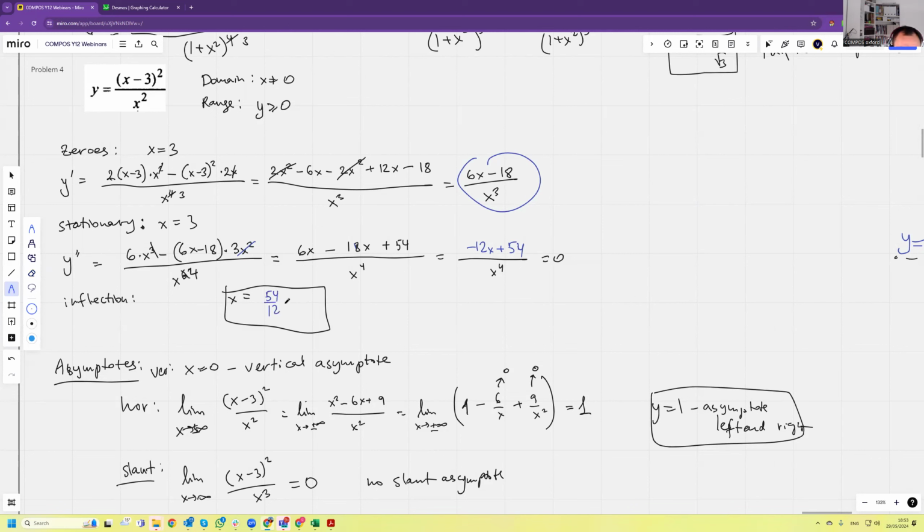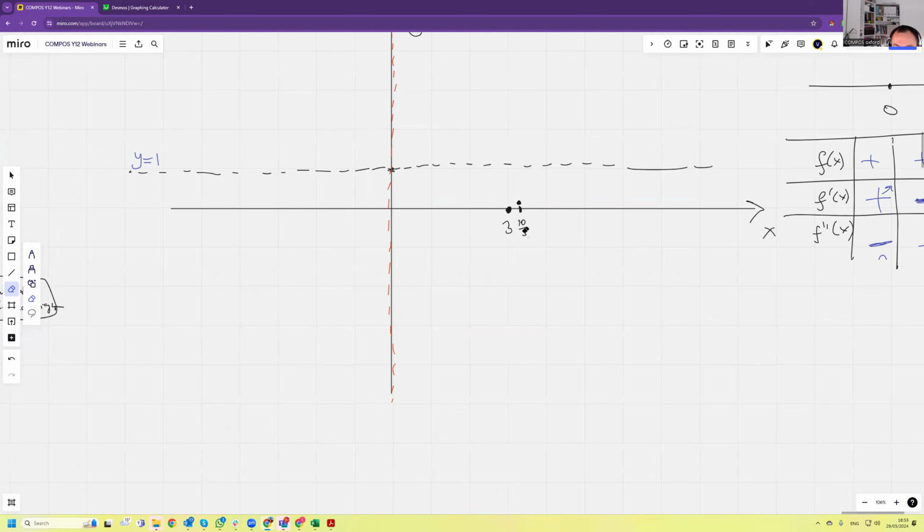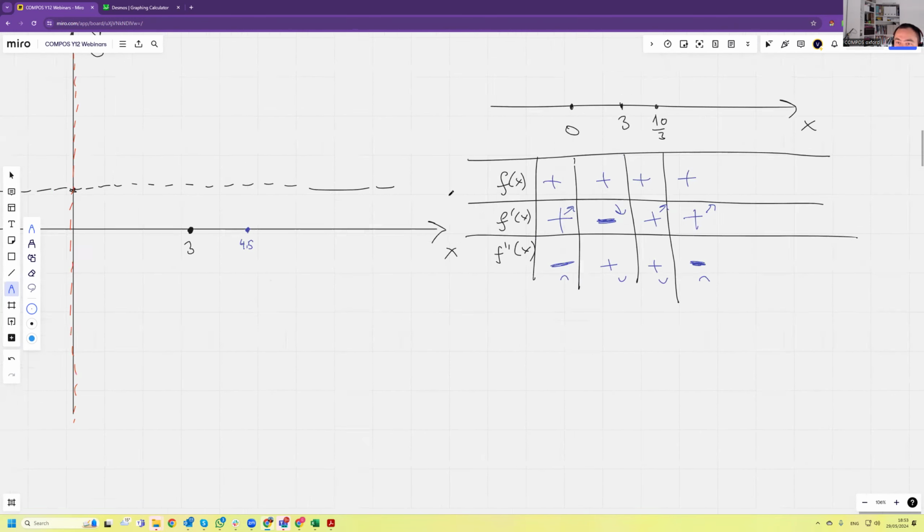54 over 12, that is divided by 6. That's 9 over 2, 4.5. Okay, that's a more reasonable value. So the inflection point is 4.5.